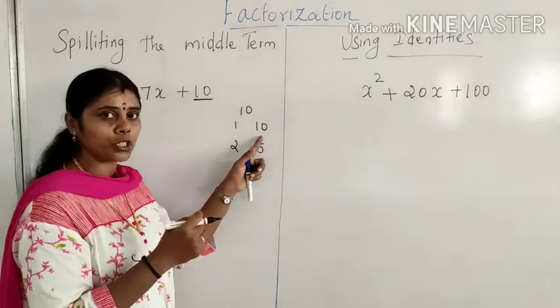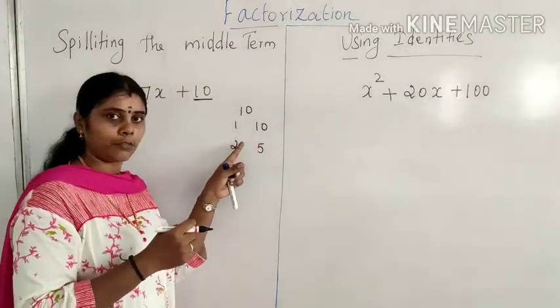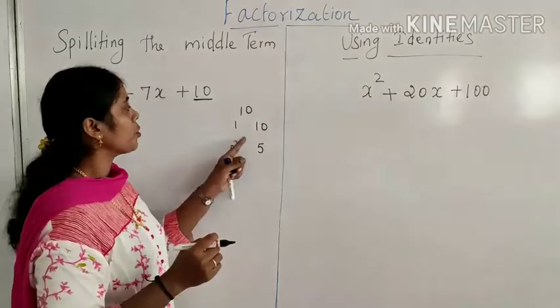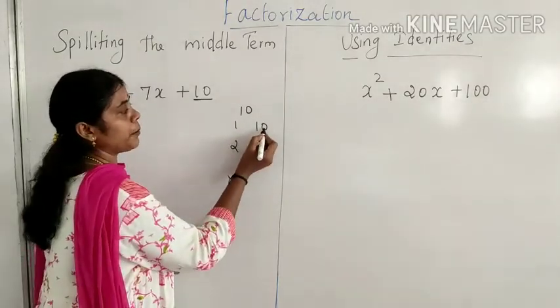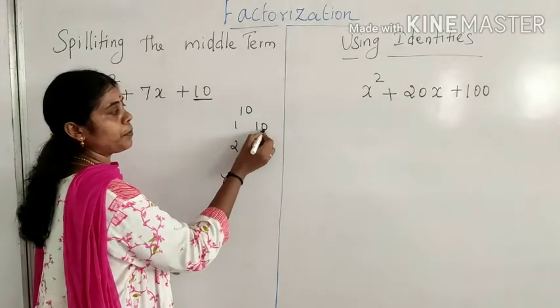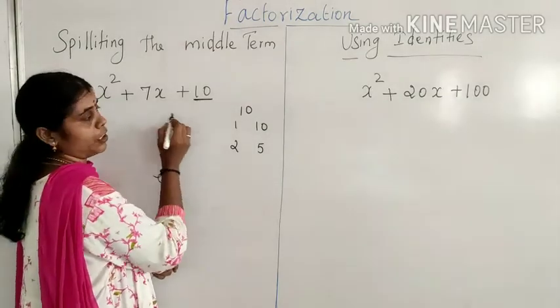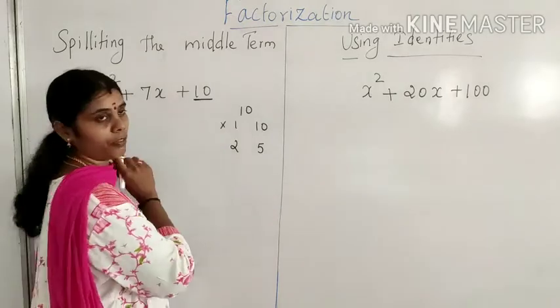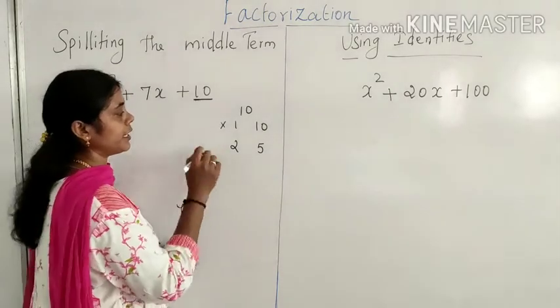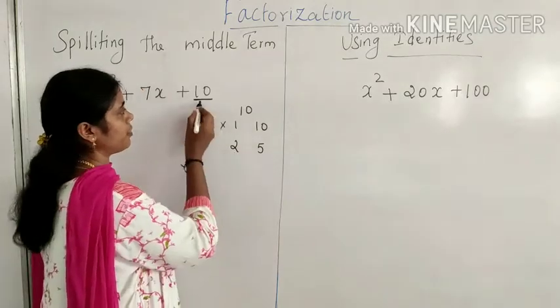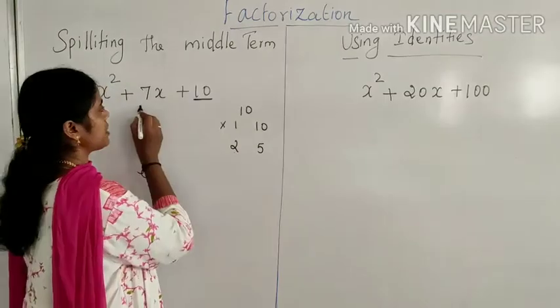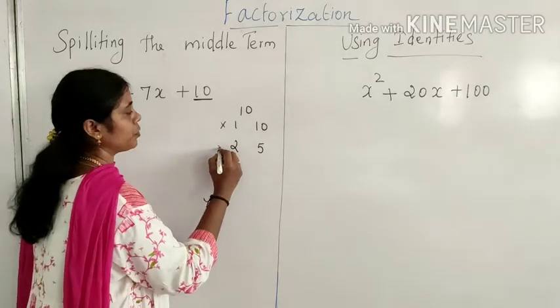The last term you will usually get, because we are finding factors for that number only, so you have to verify with the middle term. 1 multiplied by 10 is 10, and 1 plus 10 is not 7, so this will not work for us. Next factor: 2 into 5 is 10, and 2 plus 5 is 7. We are getting it, so we are going to take it.